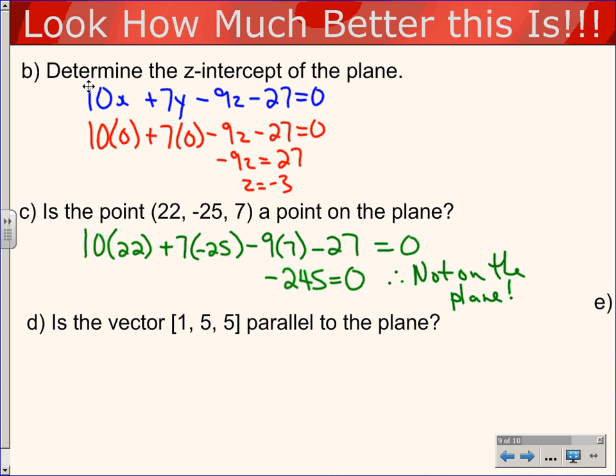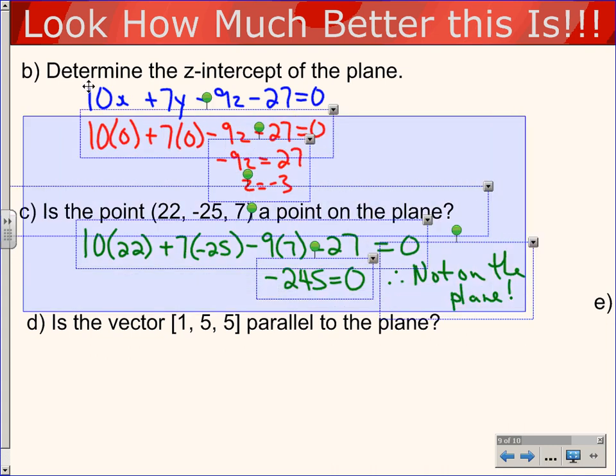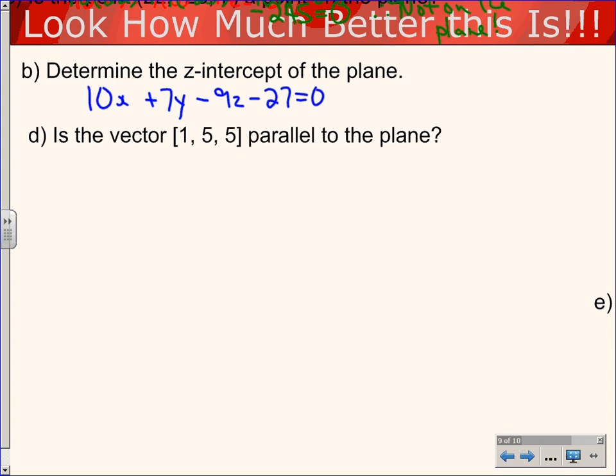The normal vector is 10, 7, minus 9. That's the normal vector. Well, if 1, 5, 5 is parallel to the plane, then it would have to be perpendicular to the normal vector. Right? You should be able to picture that. If 1, 5, 5 is parallel to the plane, or you could picture it almost sitting on the plane, the normal vector should be perpendicular.